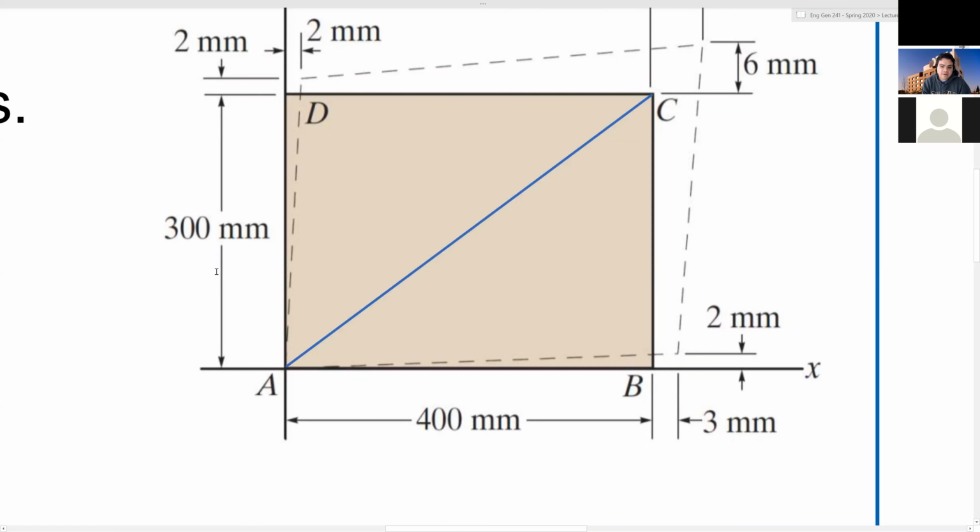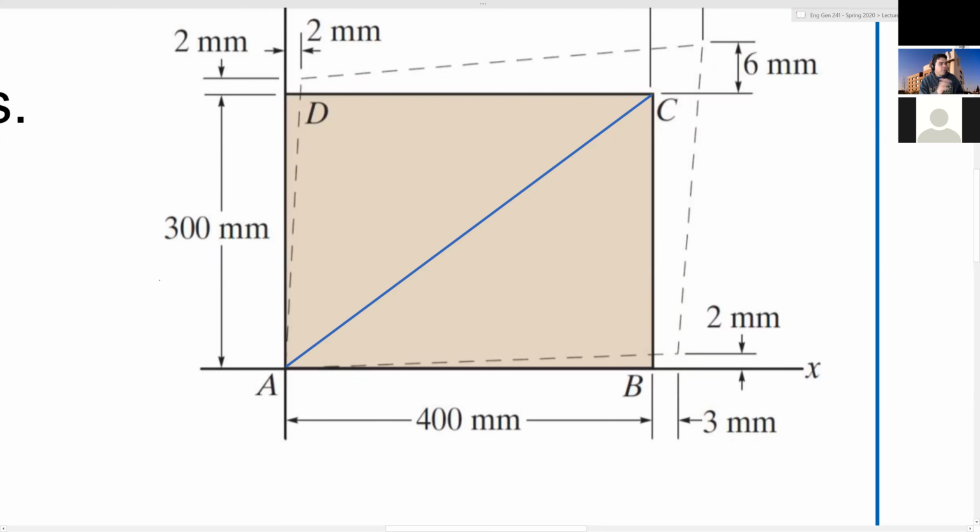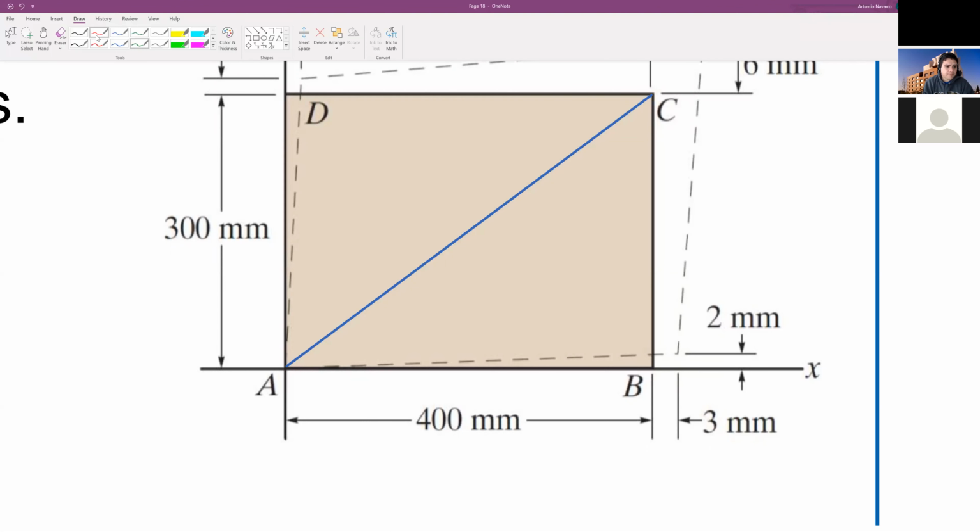Then what happened to the actual rectangle? It became like a weird parallelepiped, right? So A before is at A after, that corner is still there. But C went a little bit to the top right.